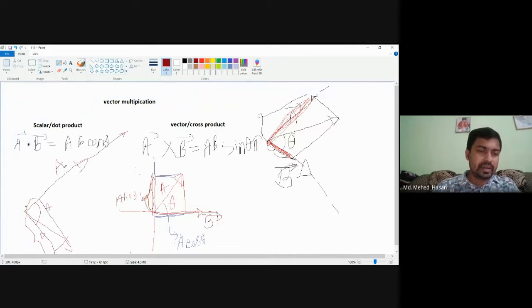Is it clear? And this will be mainly b cos theta, and this part will be b sin theta.